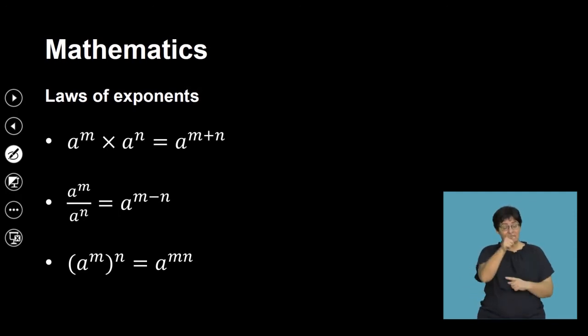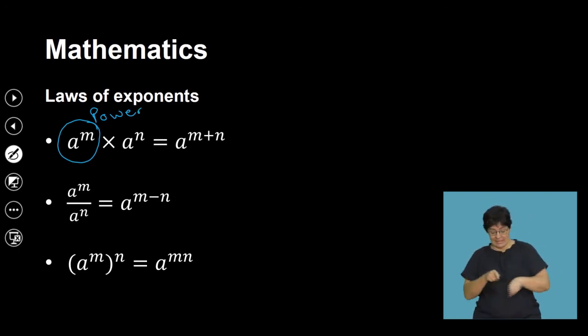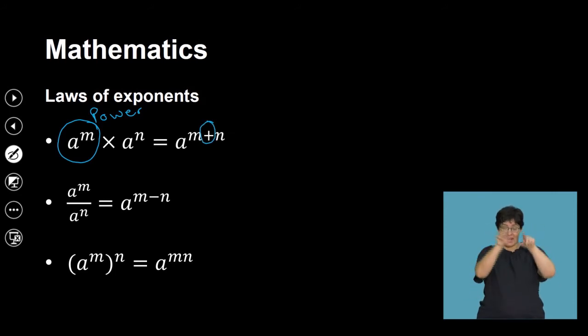When we're multiplying powers of the same base, and when I say power, I'm talking about the whole thing, the base and the exponent, which we also call an index, the rule is we add the exponents. Obviously, the opposite of multiply is divide, and the opposite of addition is subtraction. So when we are dividing powers of the same base, we subtract the exponents.